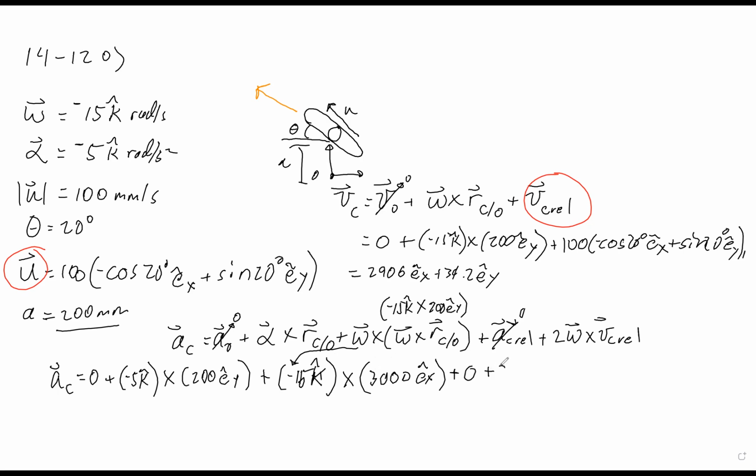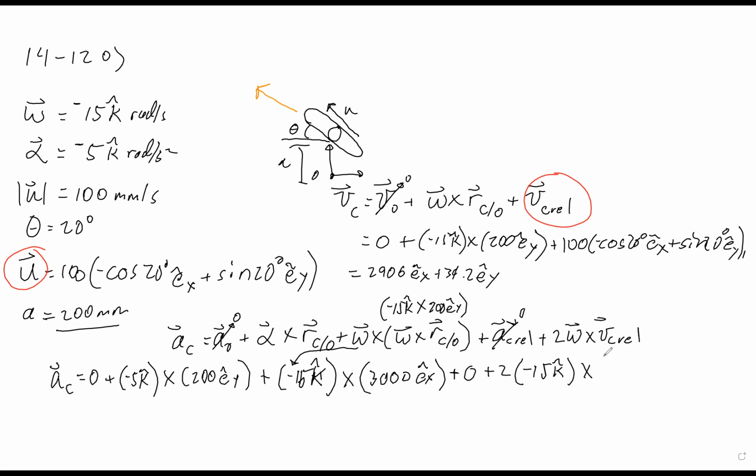And then plus 2 times negative 15 k hat crossed with the velocity that we end up calculating, that is the 100 cosine 20 and the 100 sine 20.